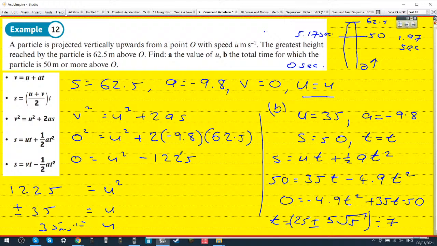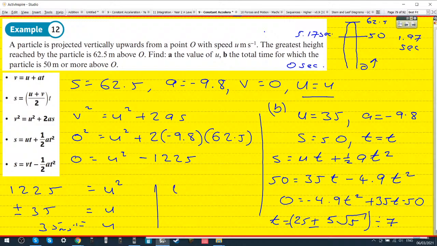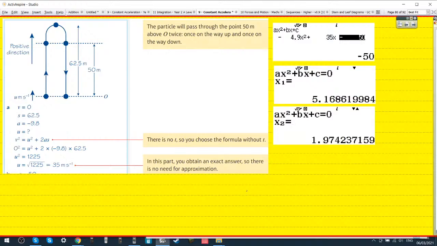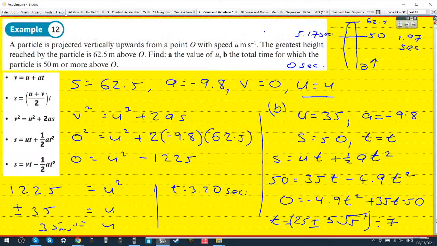Which is 3.20. Alright, so time is 3.20 seconds. Now I just rounded that. That's A, and then B, 3.2 seconds. And so that's how this works.